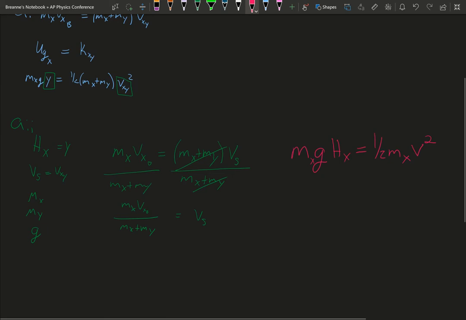We're going to try to get velocity by itself. Hopefully you see that you can cancel out your masses. So we're left with gravity hx equals 1/2 v squared. Multiply both sides by 2. So you get 2GHX equals V squared, and then you square root it. And so you get your V equals the square root of 2GHX.